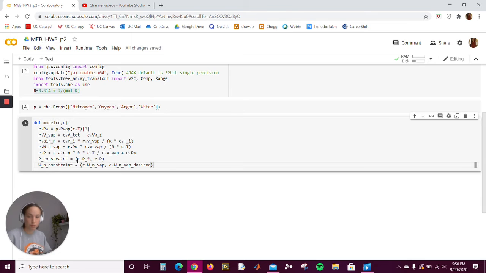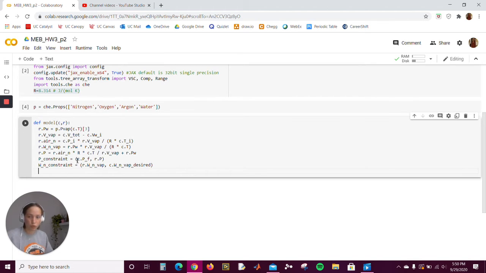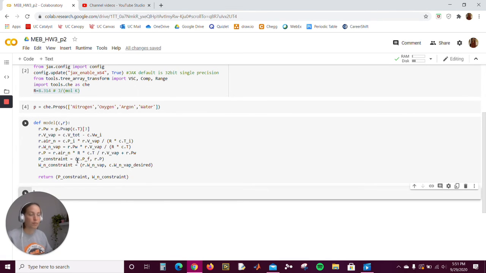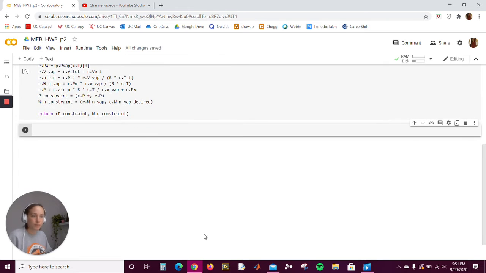Okay, so then we'll do constraints. So now we've got our entire model defined.